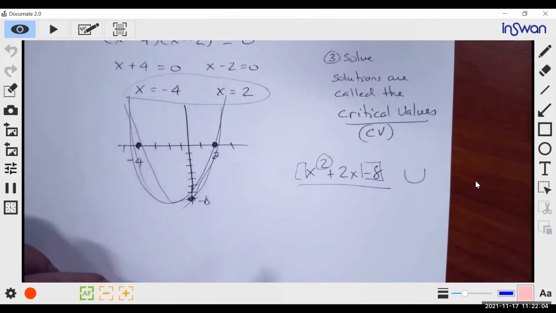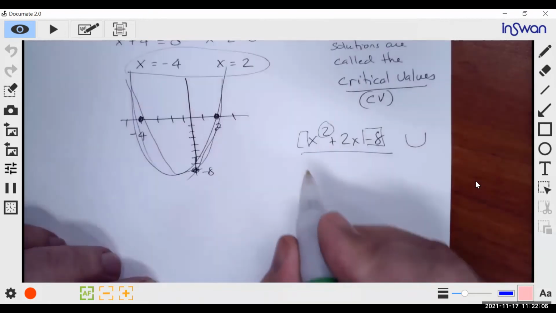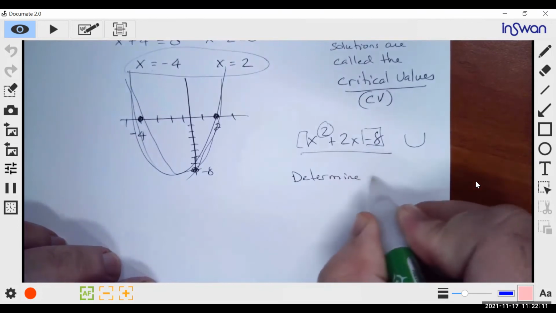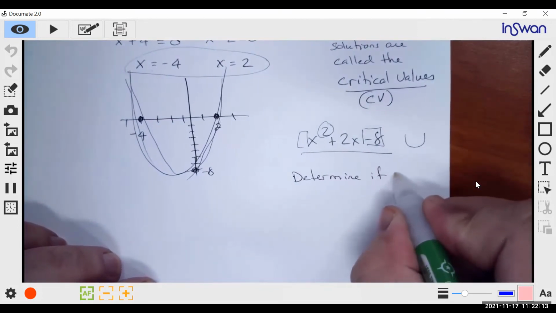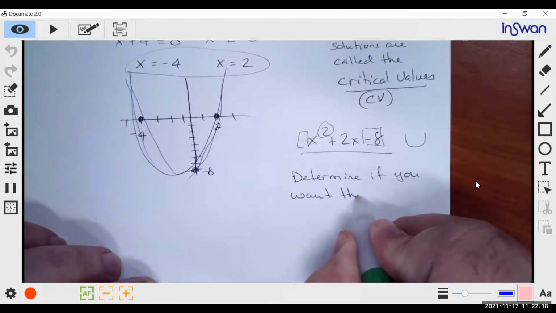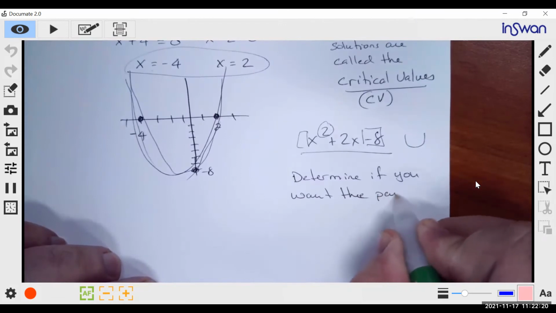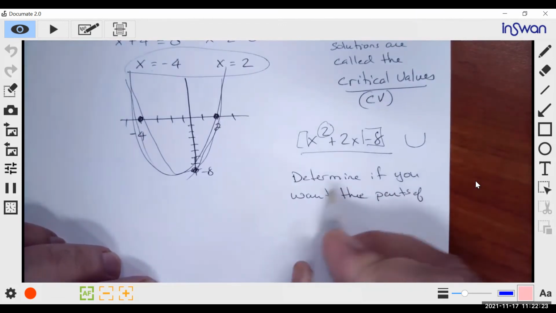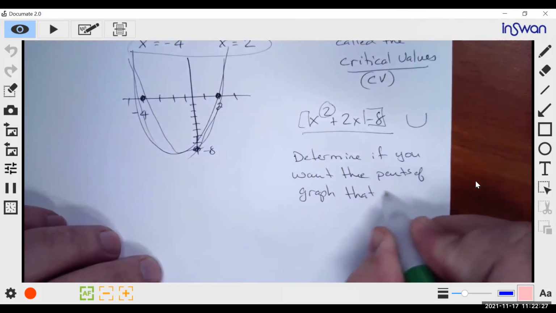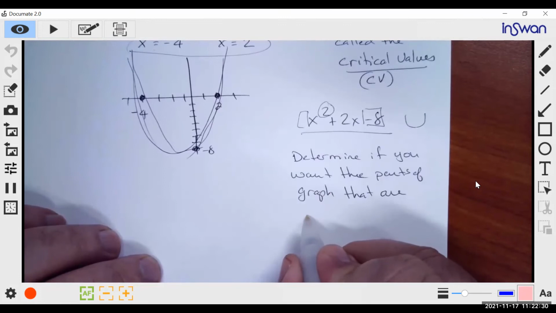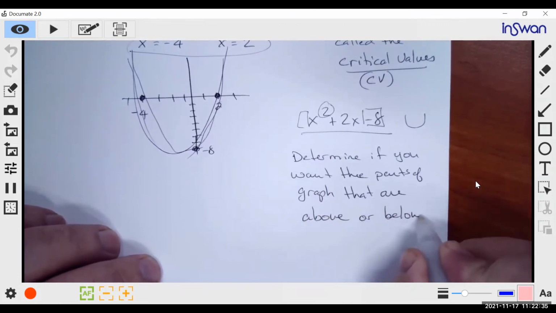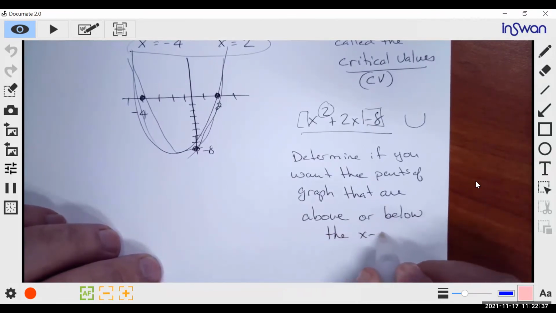Now, knowing from earlier what the graph looks like, and now we have the x-intercepts, the only thing that we have to do here is determine if you want the part or parts of the graph that are above or below the x-axis.